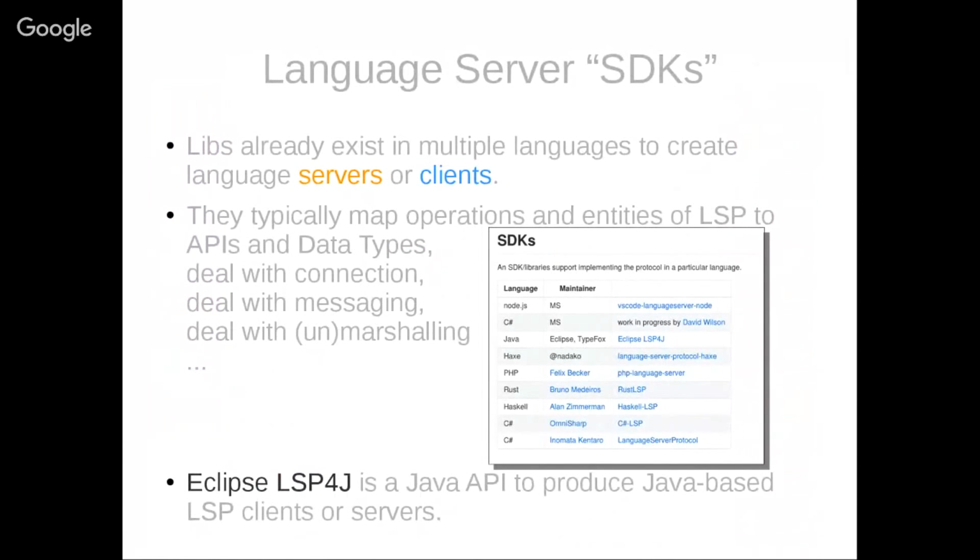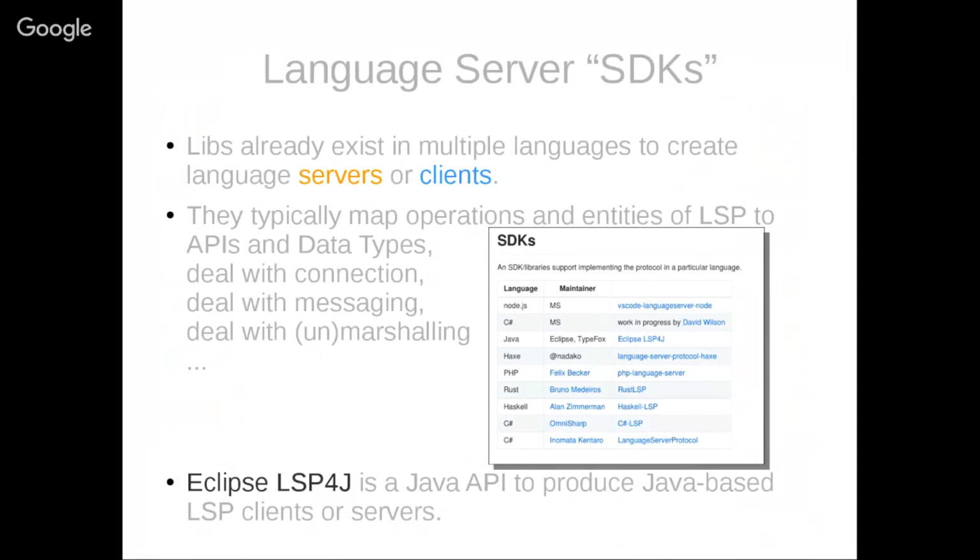There are SDKs for the language server. What we call SDKs are libraries for a specific programming language to easily create a language server or a language server client. What they usually do is create interfaces and objects that are easily transformed into JSON RPC messages for the language server.